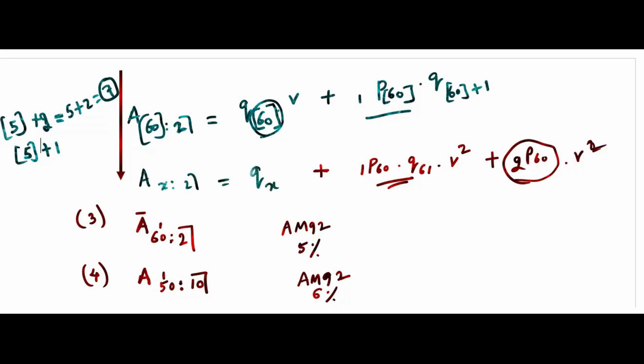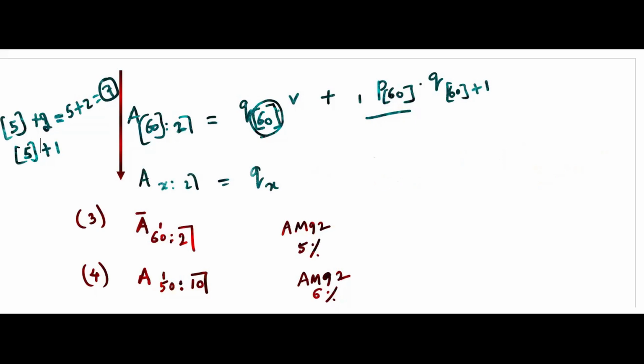See, the whole including bracket I have taken x. Then v, that's fine. Then p x1, q x plus 1, v square. Okay, it's following exactly the same way. There is no change absolutely. The only change will come here.